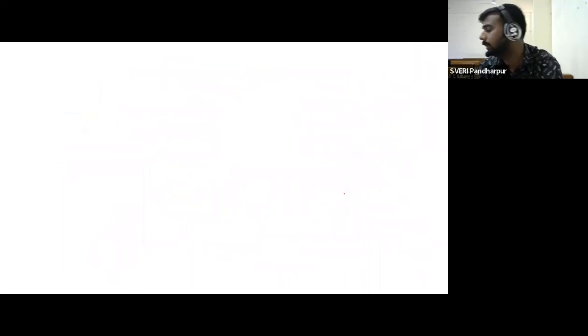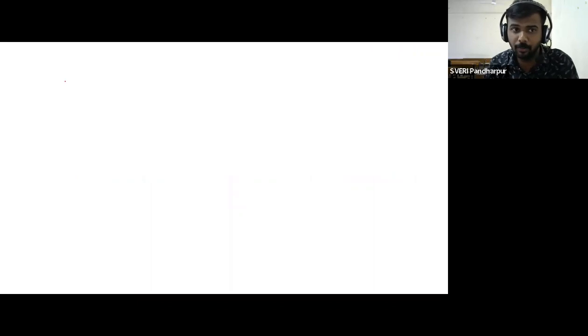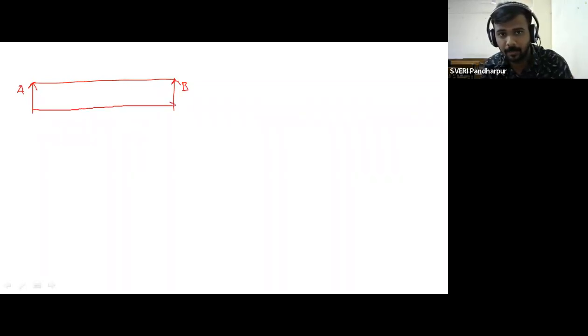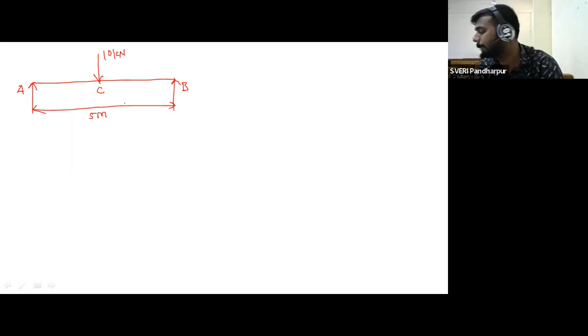Getting? So the problem is given on the simply supported beam. So draw the figure first. The simply supported beam is supported at point A and at point B. The total length of the beam is 5 meter, subjected to the point load at point C of 10 kilonewton.